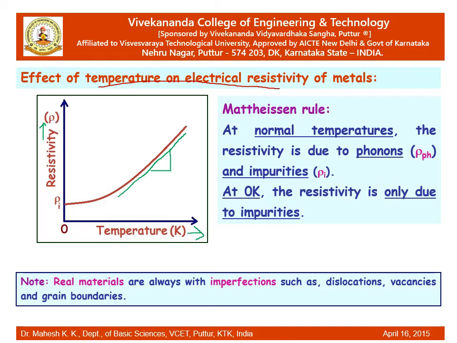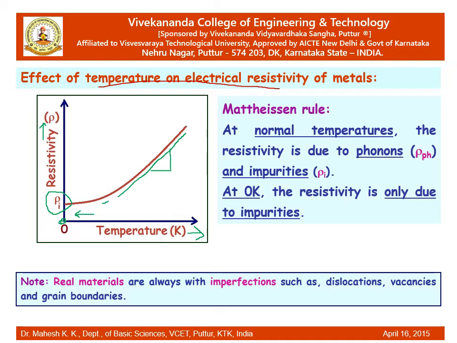Now if you go down in the temperature scale and you are reaching, let us say, hypothetically 0 Kelvin, then the resistivity is not going to be 0, but it will be with some value which we can denote as rho I, because I refers to the impurities or imperfections.